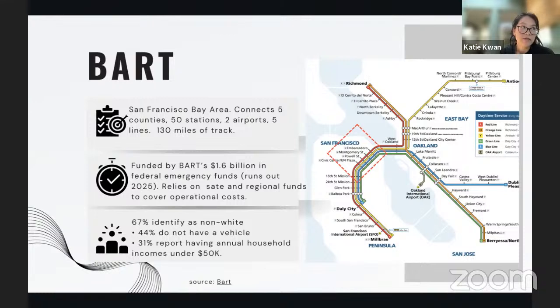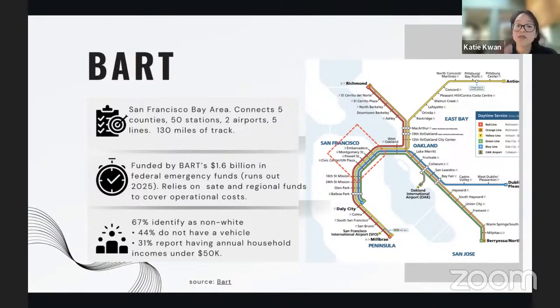BART is funded by state and regional funds, but it is using a $1.6 billion emergency fund coming out of COVID. That runs out in 2025.